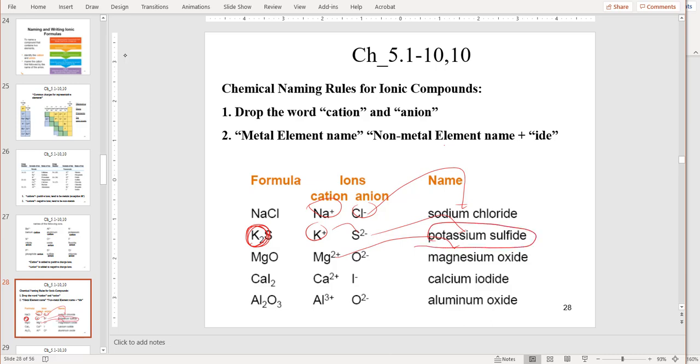It's assumed that you could work backwards and reason out what the ions are and what the ionic formula is based on the names themselves. So another example, Al2O3, we ignore the subscripts for the number of ions and just write aluminum oxide.